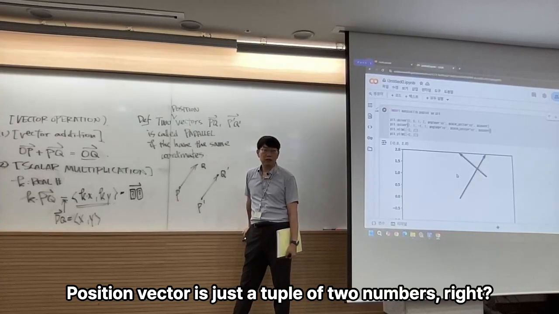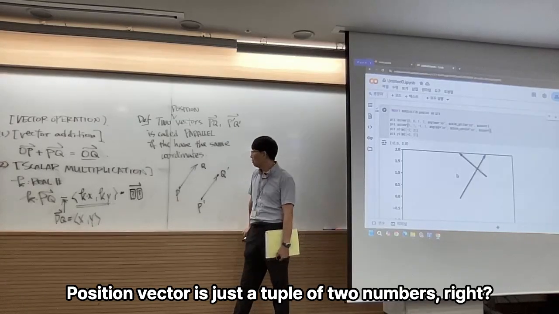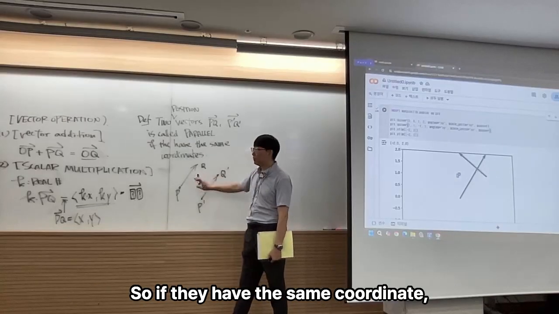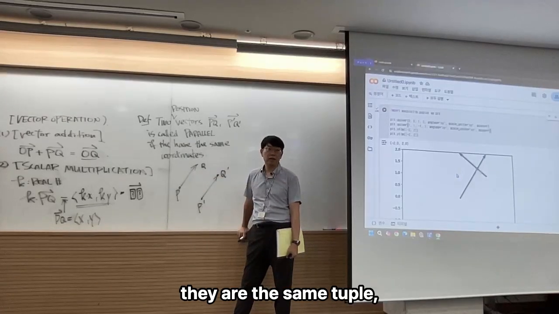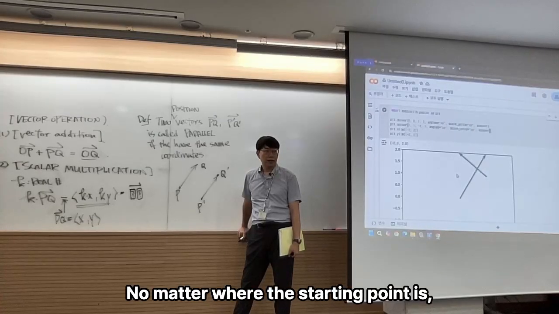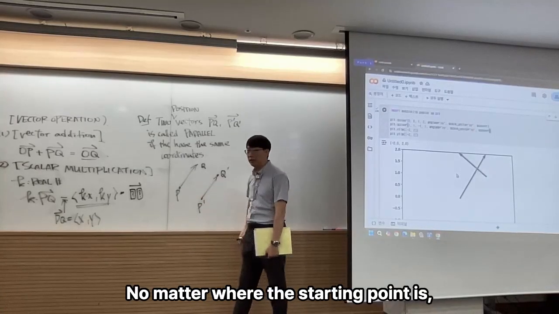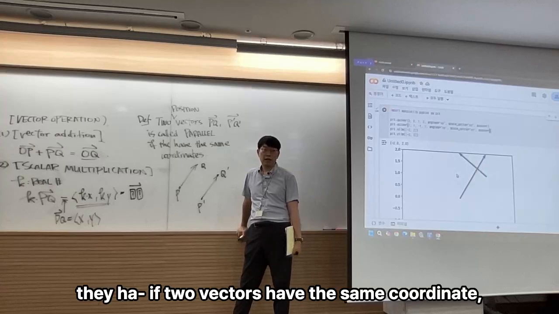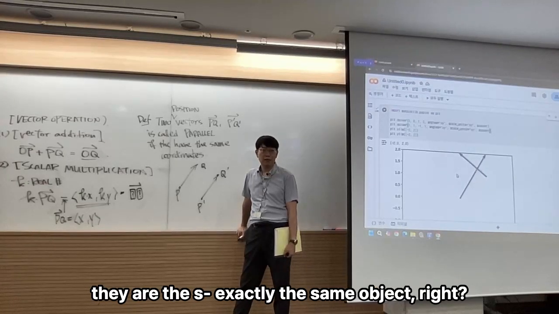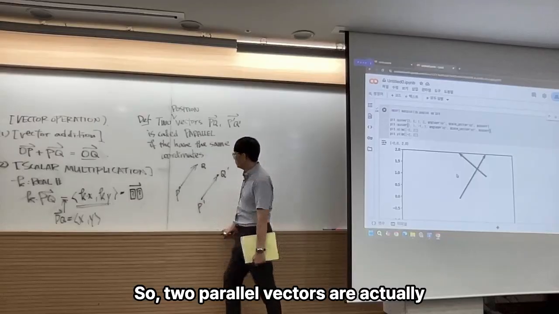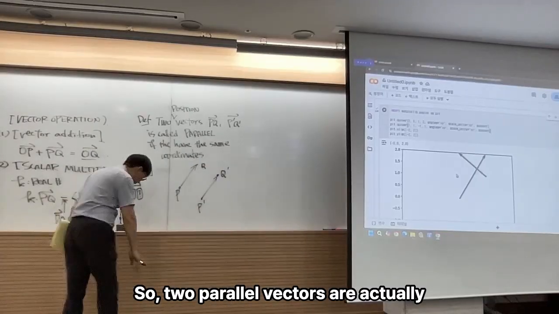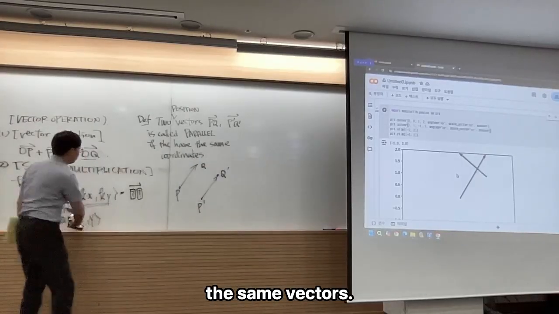A position vector is just a tuple of two numbers. If they have the same coordinates, they are the same tuple, so they are the same thing, no matter where the starting point is. So two parallel vectors are actually the same vector.